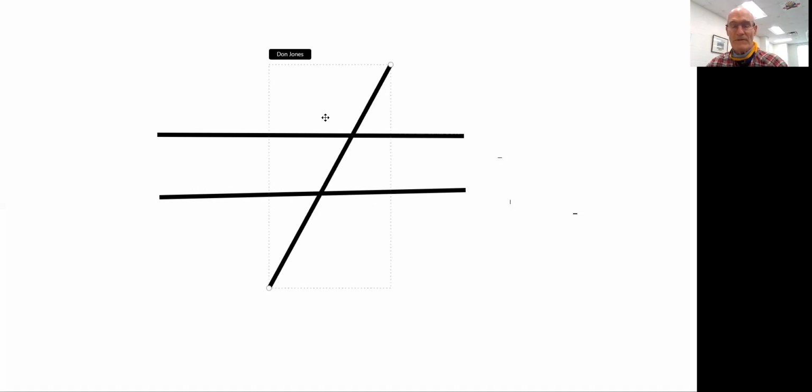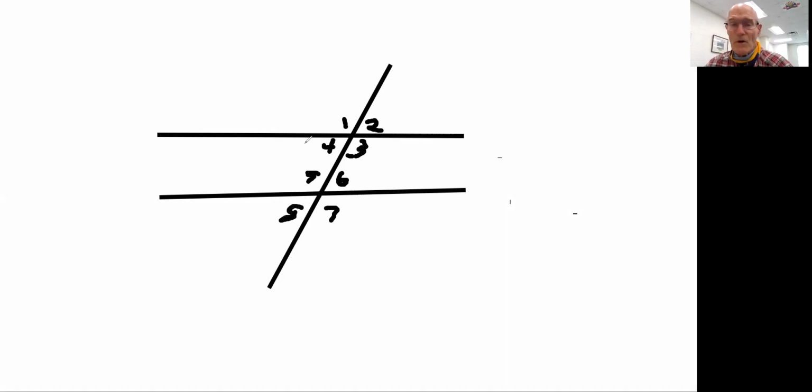So we have our angles, and we can number our angles once again: 1, 2, 3, 4, 5, 6, 7, and 8. Okay, now I can have all different types of problems.